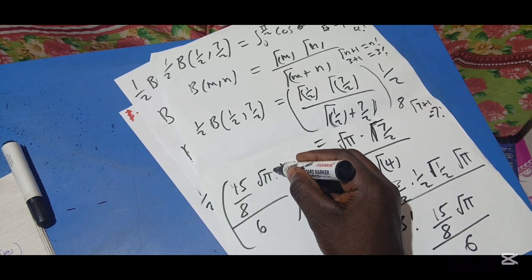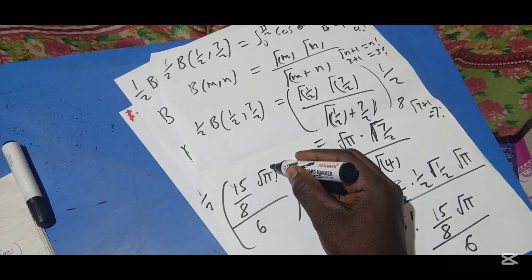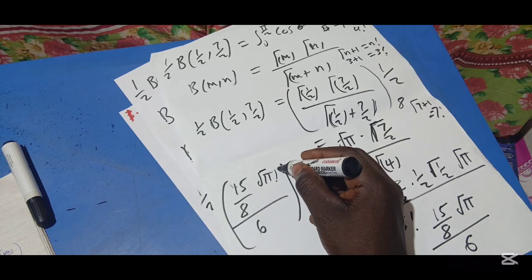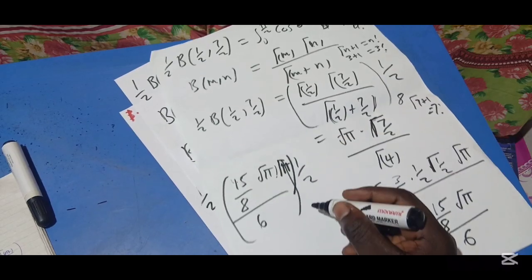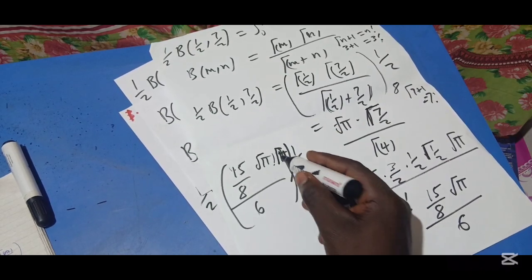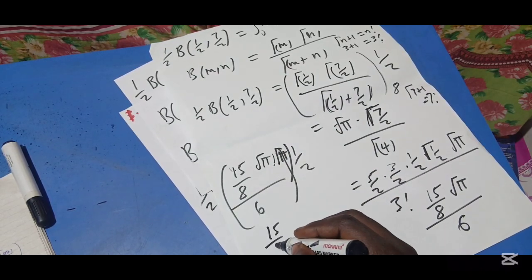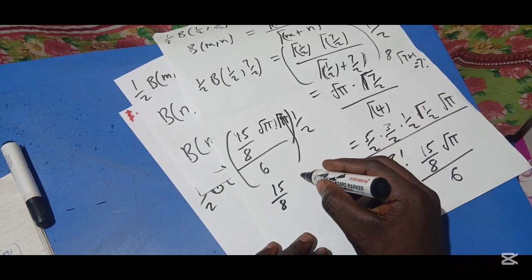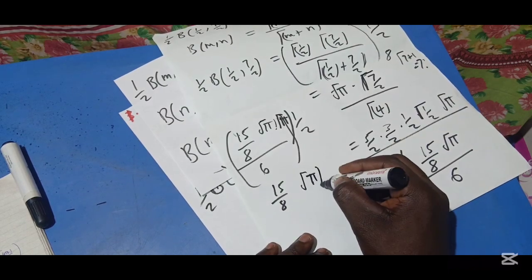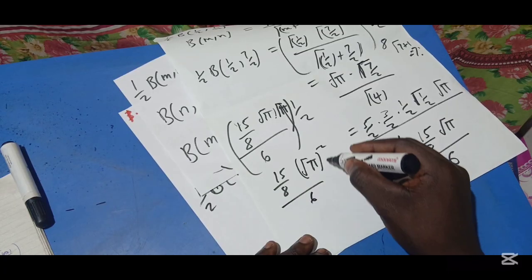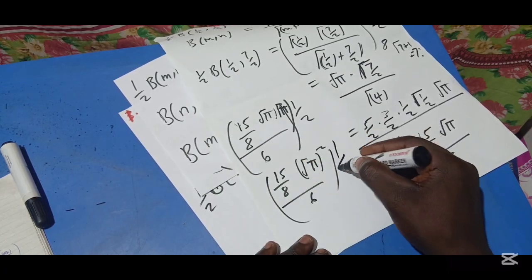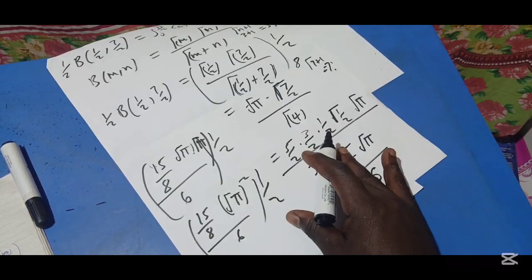At the end of the day, we are going to get square root of pi multiplying square root of pi, which is going to give us square root of pi squared, right? All on 6, multiplying by half.